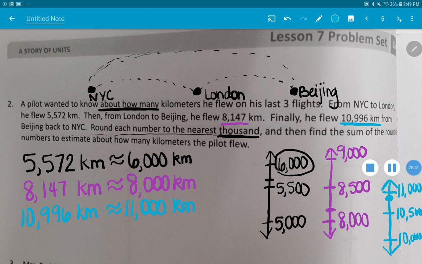All right, so we've rounded each of the numbers to the nearest thousand. And then it tells us to find the sum of the rounded numbers to estimate how many kilometers the pilot flew. What does find the sum mean, Gracelyn? We're adding our rounded numbers. We're going to add 6,000 plus 8,000 plus 11,000.